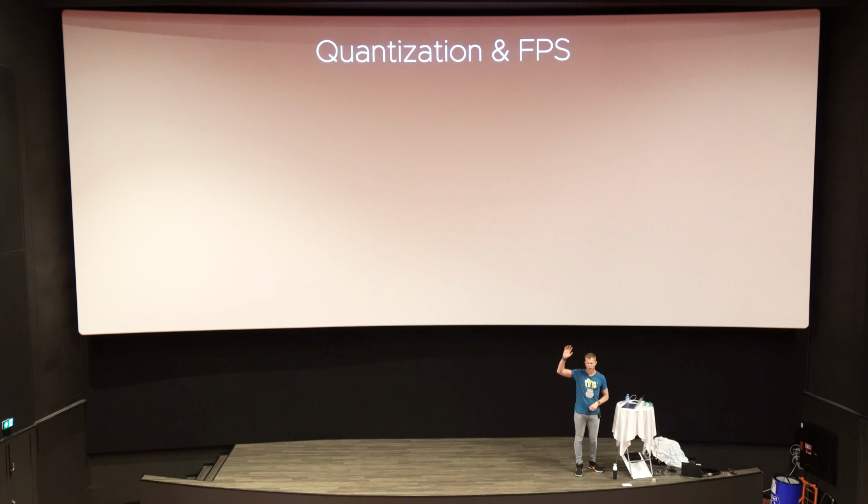So who is familiar with the term quantization? Okay, that's good. So VNC as a platform uses quantization to basically determine what the best compression will be based on the bitrate that you configure. It's quite simple.